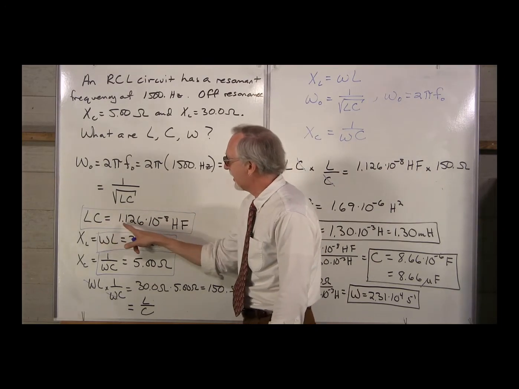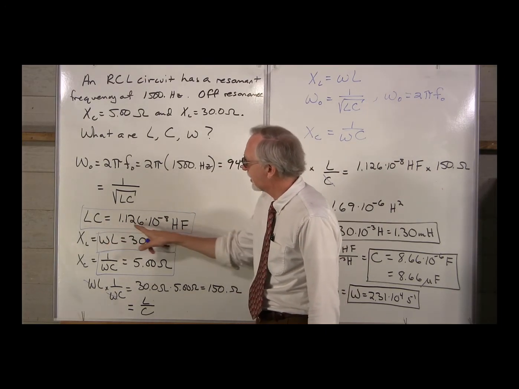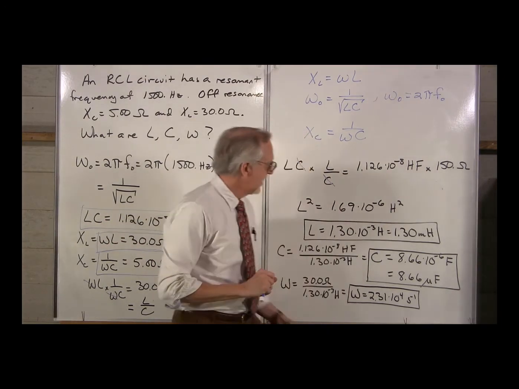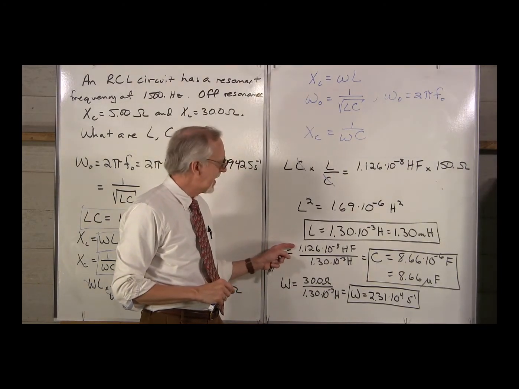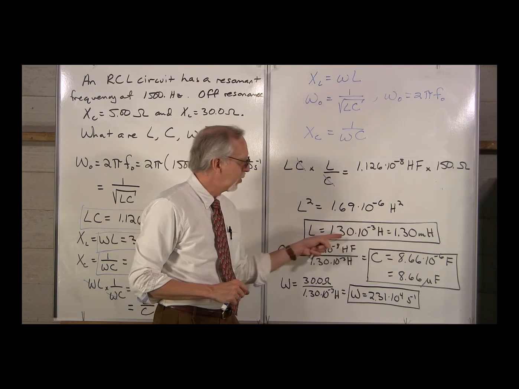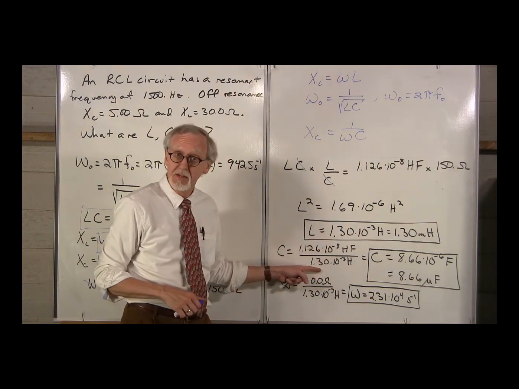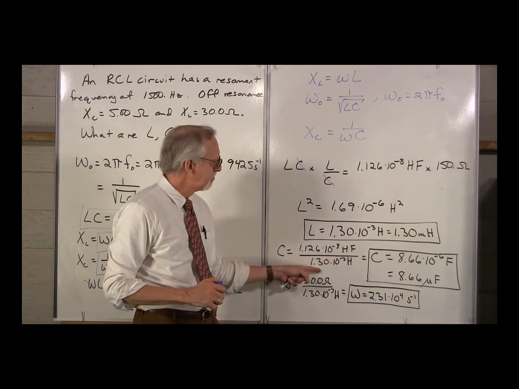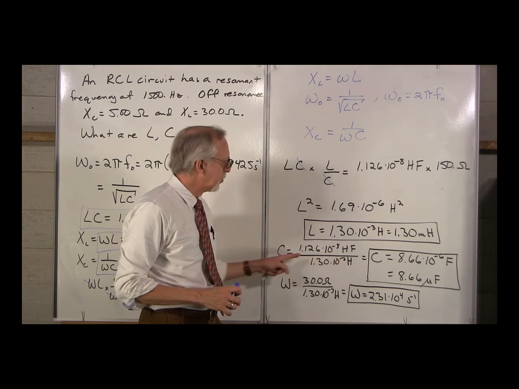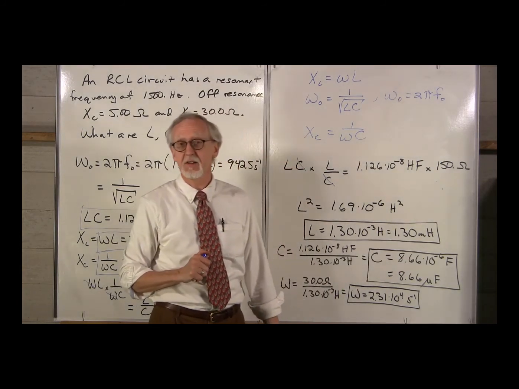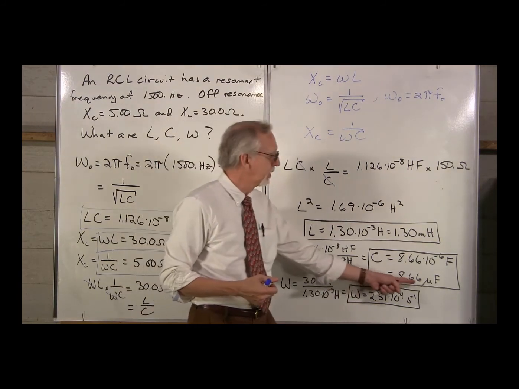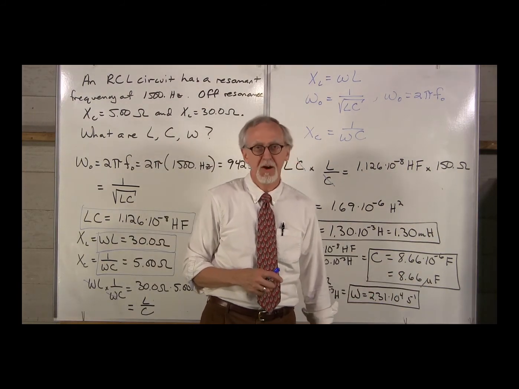Then going back to one of the previous equations, the one I used was this one. We know LC is equal to this, so C must be this divided by L. C is 1.126 times 10 to the minus 8 Henry Farads divided by L, and L we now have, 1.30 times 10 to the minus 3 Henries. The Henries cancel, and we end up with C equals 8.66 times 10 to the minus 6 Farads, or 8.66 microfarads.